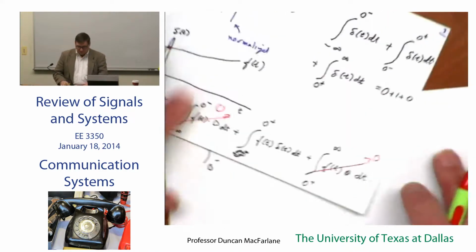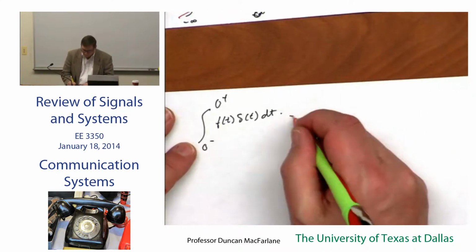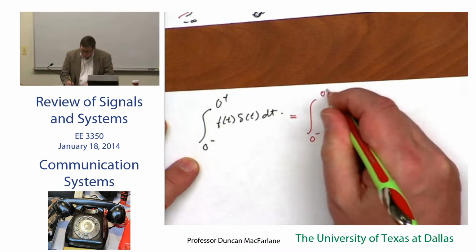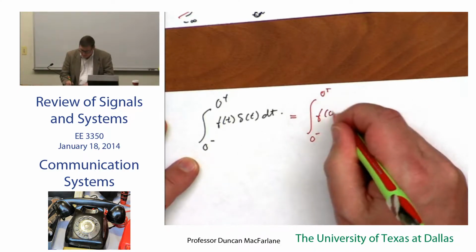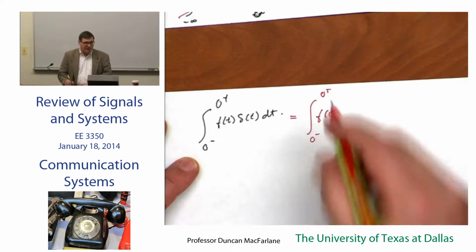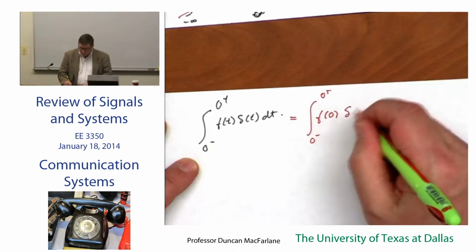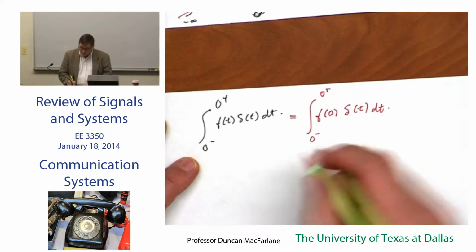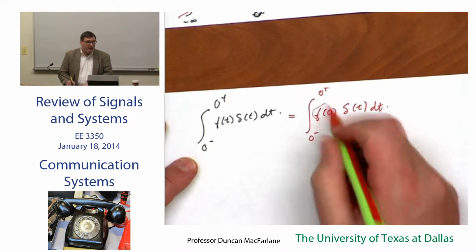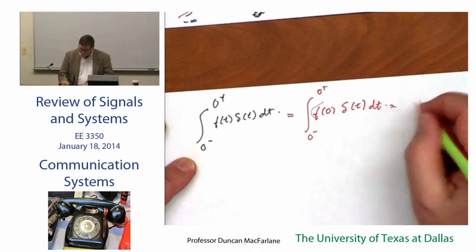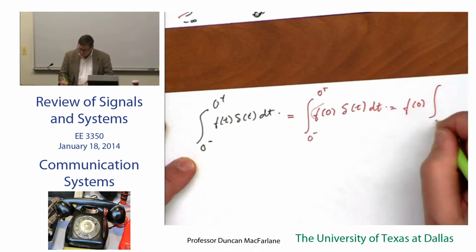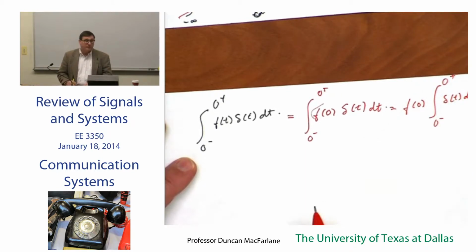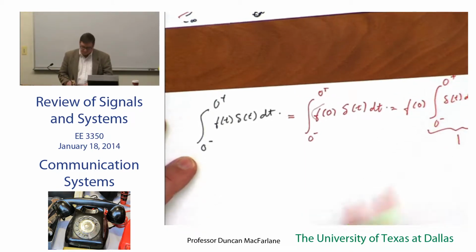And so now if I look at this integral, well, this integral is the value of f of t at t equals 0 times that delta function. And if this is just a constant, I can pull that out of the integral. And this guy here is equal to 1.